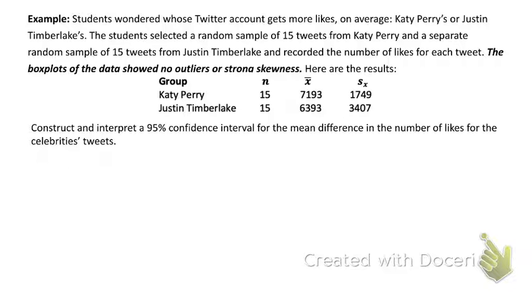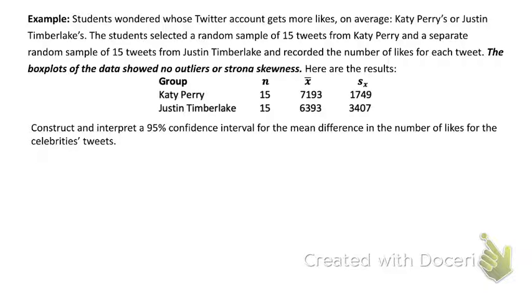Here are the results. Katy Perry, with her sample size of 15, had an average of 7,193 likes on each of her tweets, with a standard deviation of 1749. Justin Timberlake had an average of 6,393 with a standard deviation of 3,407. Now, who gets more likes on average?